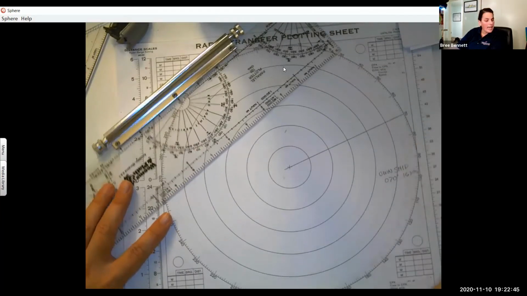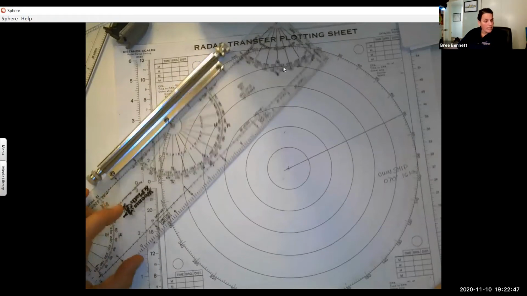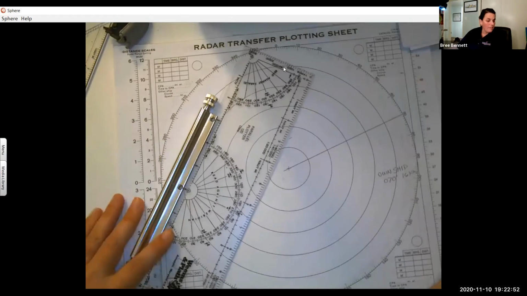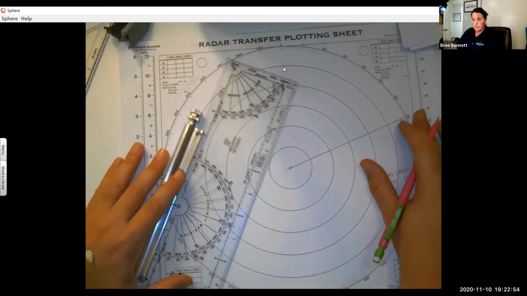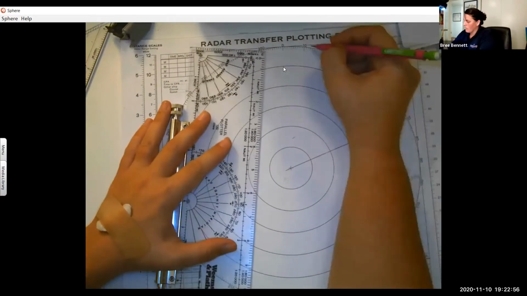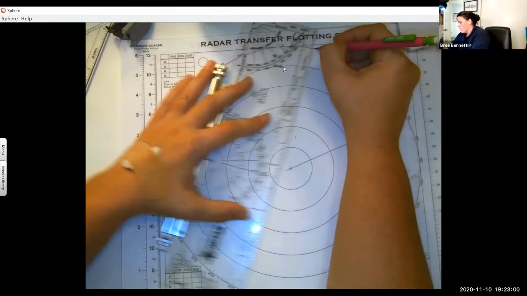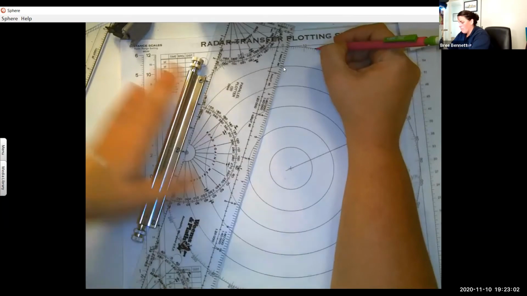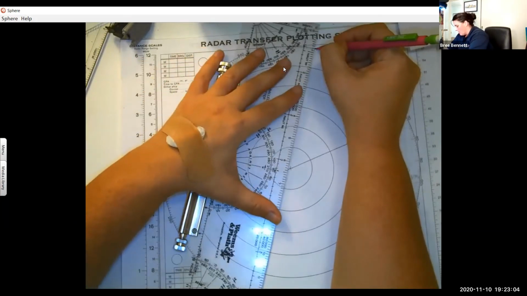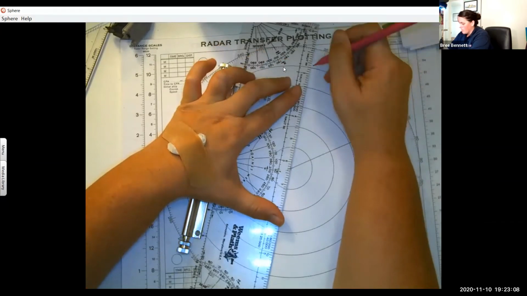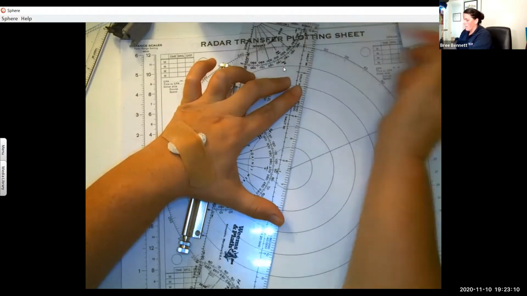Then it said at 0306, you sight a target on the radar bearing 015 at 10.8. So I want to plot 015 at 10.8.